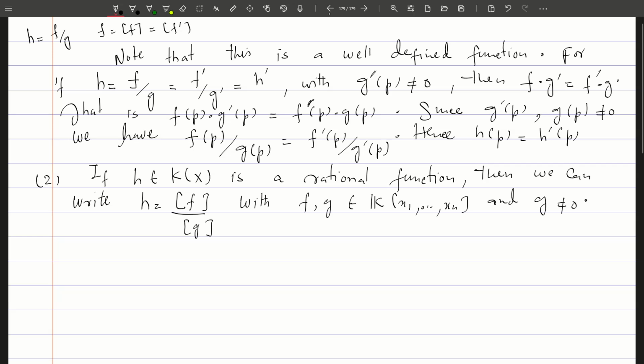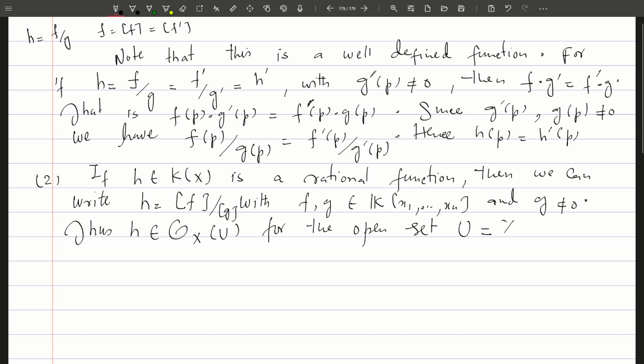So h is in the local ring of the open set U, where U is the complement of the zero set of g.